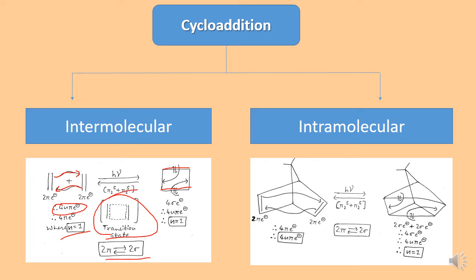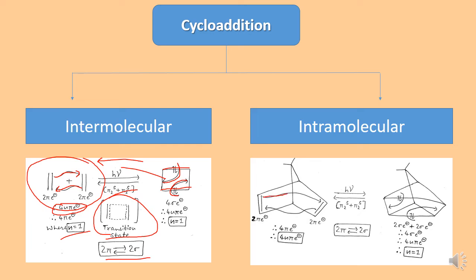In the same way you can break this bond like this, and you can also break this sigma bond like this, so this type of reversible reaction is also possible. Intramolecular reactions are reactions which take place within the molecule.